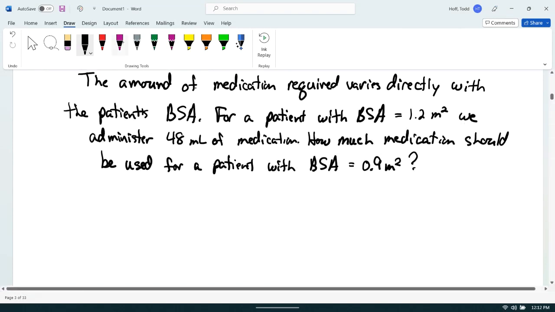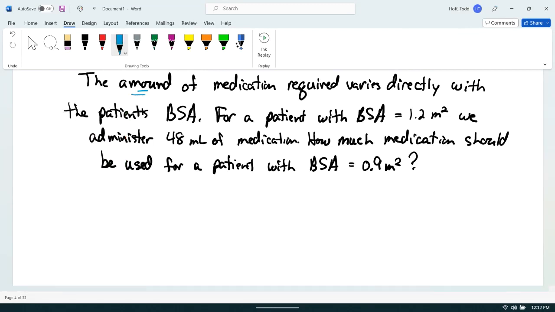So here, the big thing is it varies directly. So the amount of medication varies directly with the body surface area. So we're going to let B be body surface area, M be medication. So M equals a constant times the body surface area. Medication equals a constant times B. That is the definition of a direct relationship.